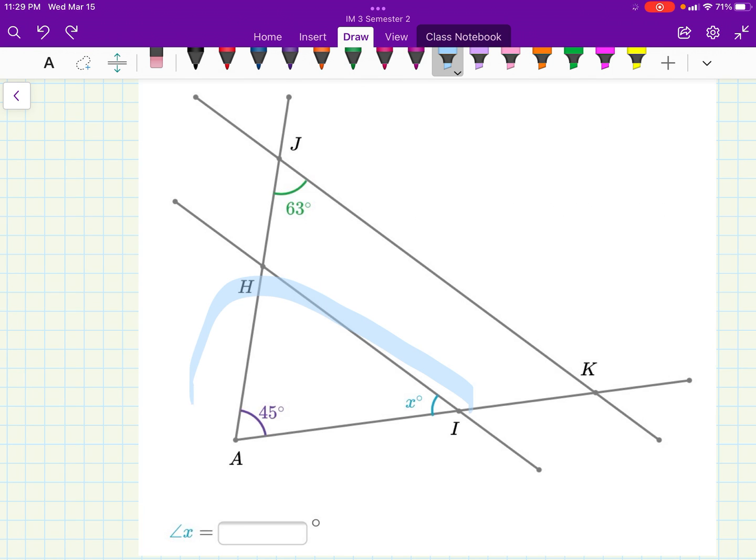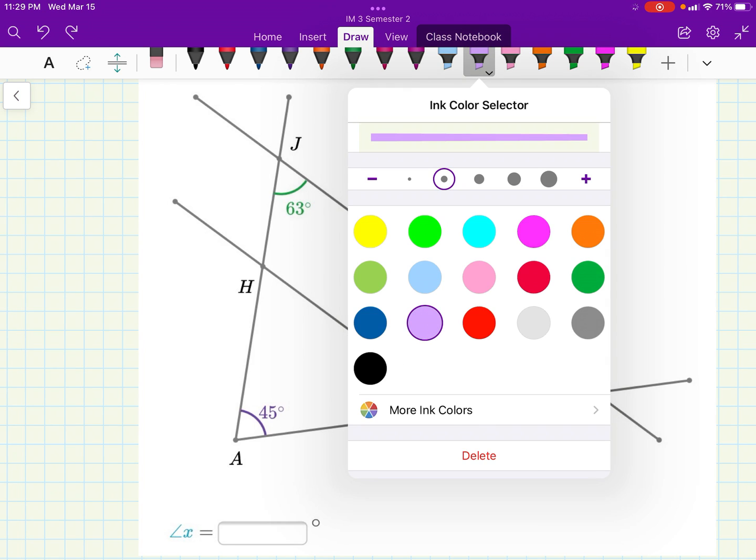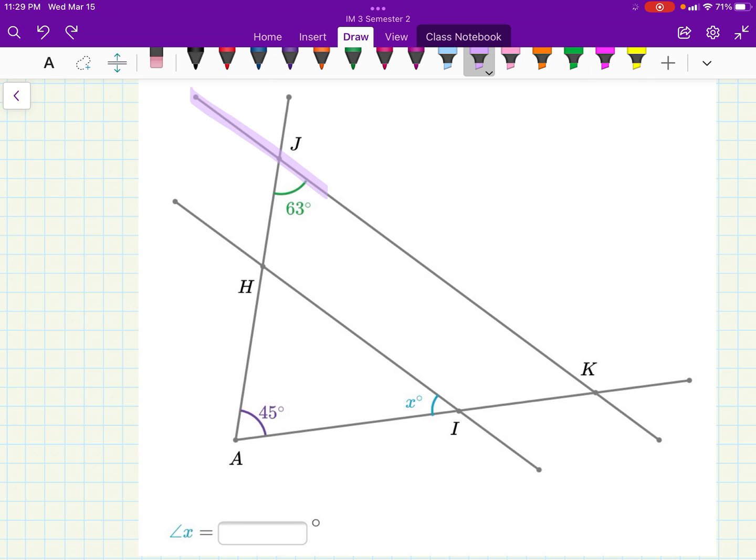Now, since we're looking for X, we actually have to find this angle first, and then we could play around with these ones to see what X is. So I want to focus on two parallel lines and a transversal. I'm going to focus on this line here along with this one, that's in purple. So once again, guys, I want to see what angles are the same as 63.